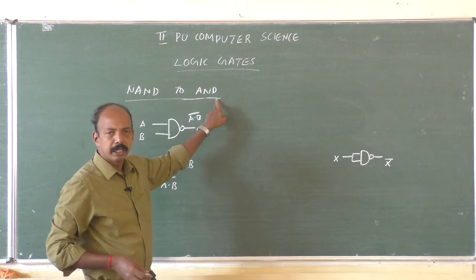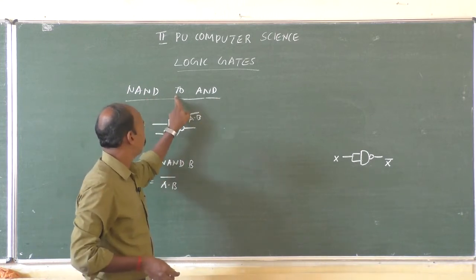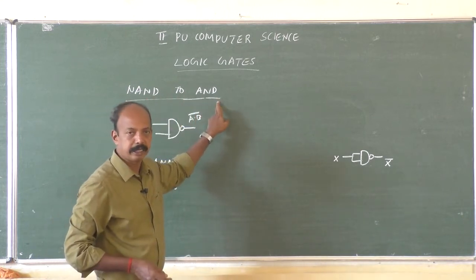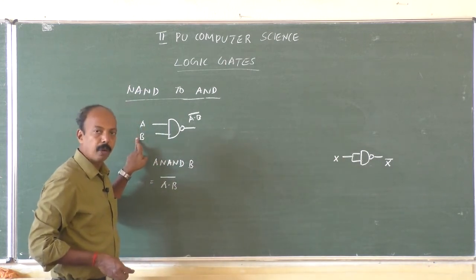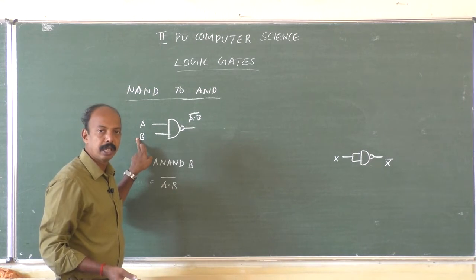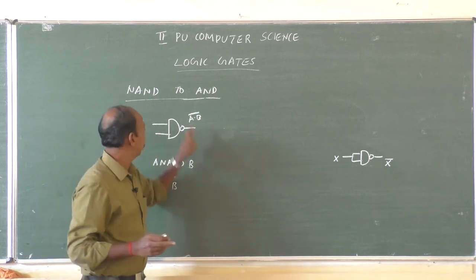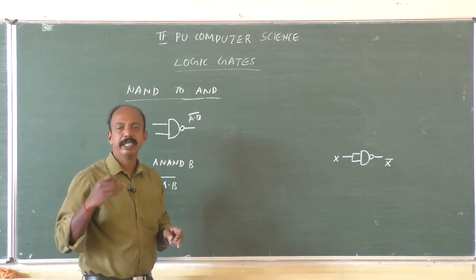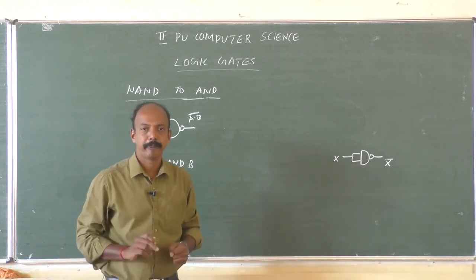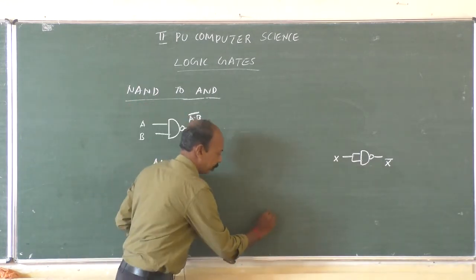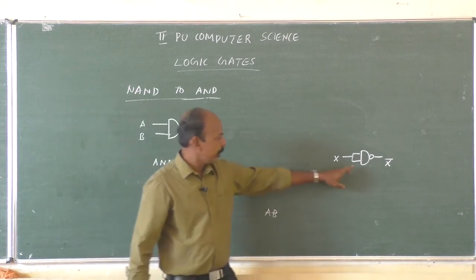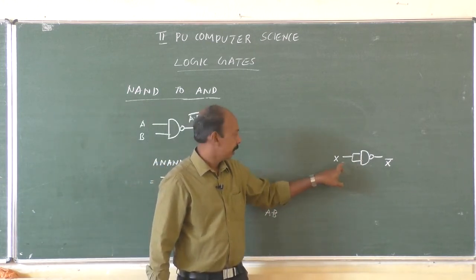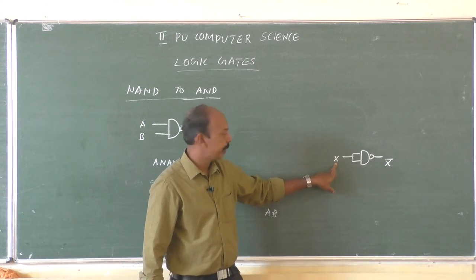What we want is NAND to AND, isn't it? That means if the inputs A and B are given, what should be the output? Since it is AND, we want it in the form of A dot B. Now by looking at this, if x is there, we will get x bar.